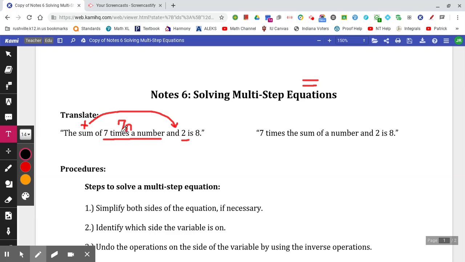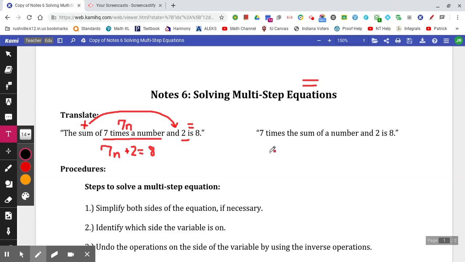We're taking the sum of this and this, so we're adding this and this. So we're going to have 7n plus 2, and "is" is a keyword for equals 8. All right, so putting it all together, we have 7n plus 2 equals 8.